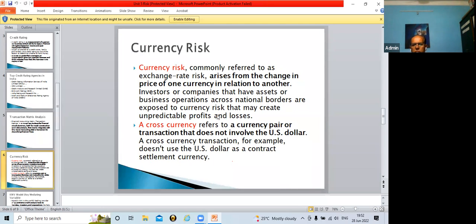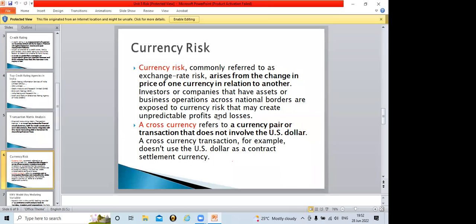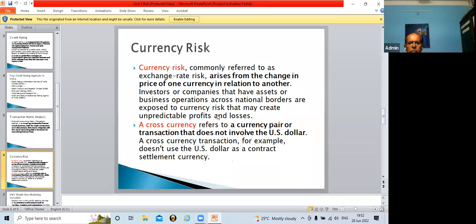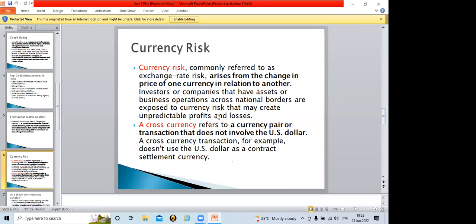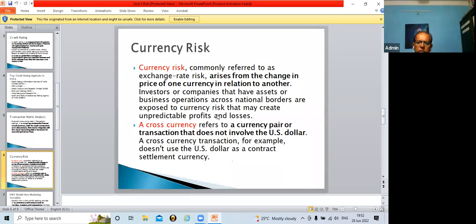Hello, am I audible? Hello, hello. Yes, which country do the companies belong to? Google and Microsoft, American. And Infosys, which country is Infosys from?